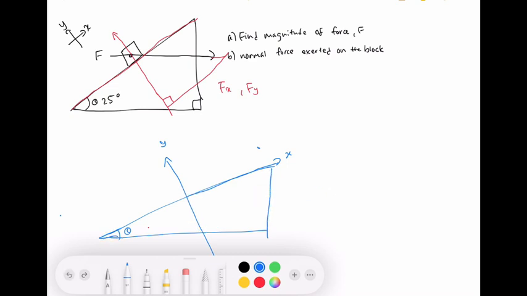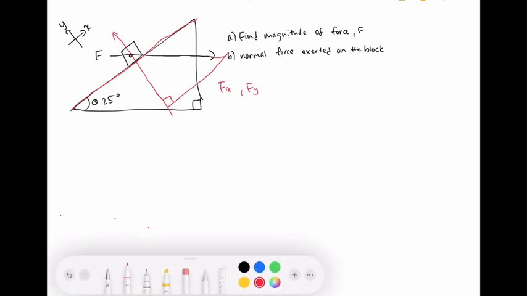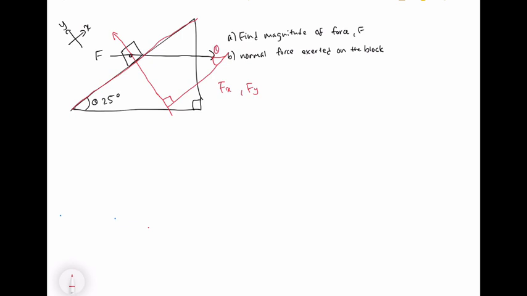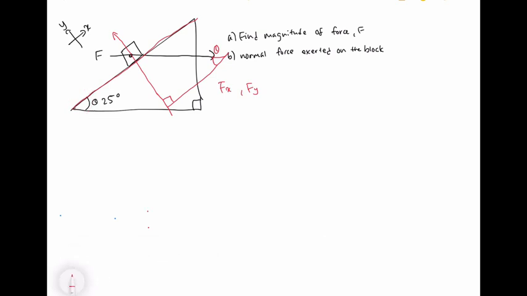Alright, let me clear that up. Now that we've established that this is our theta, the same as our theta right here, we can now resolve the free body diagram.